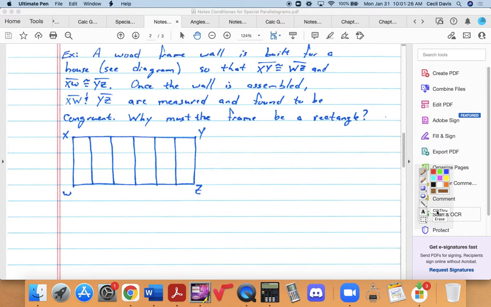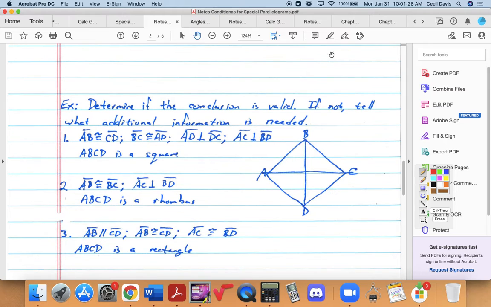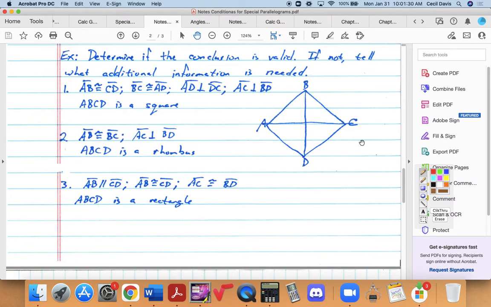All right, let's go on to the next example then. For each of these, it says, determine if the conclusion is valid. If not, tell what additional information is needed. Okay, so let's take a look at this first one. We know that segment AB is congruent to segment CD.